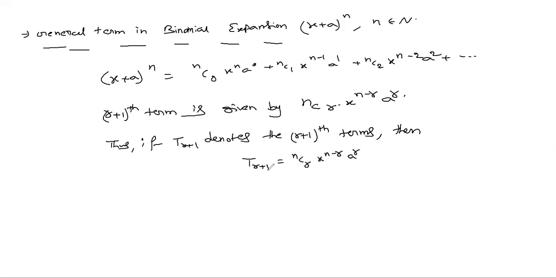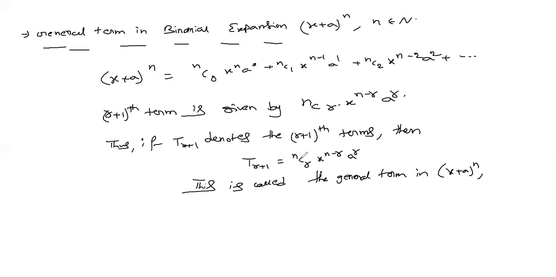That will be the (r + 1)th term. This is called the general term in the binomial expansion (x + a)^n whenever n is a natural number.